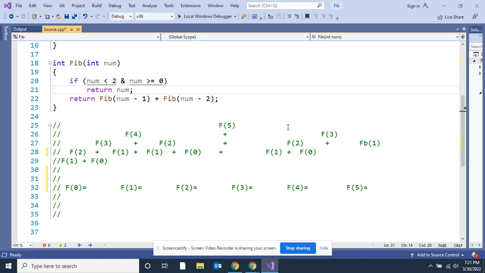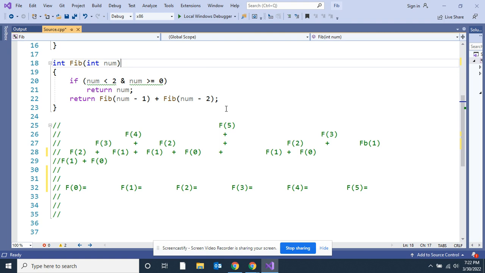Otherwise, the number is going to be above that. So if I entered Fibonacci 10 here, it's going to return Fibonacci 9 plus Fibonacci 8. So you can see where, if you use a larger number, it trees out.